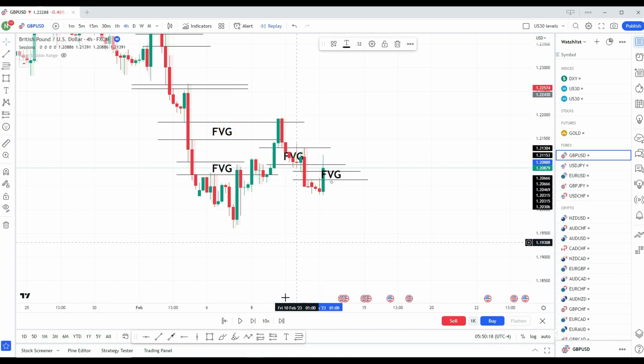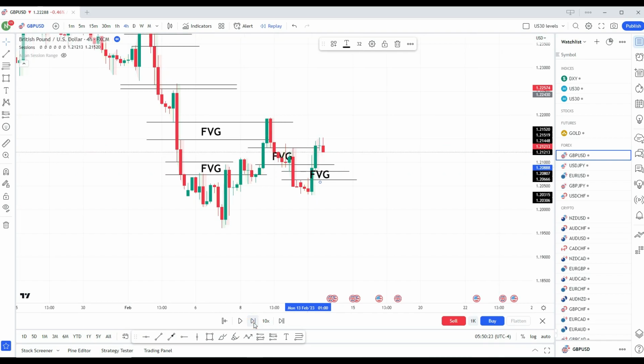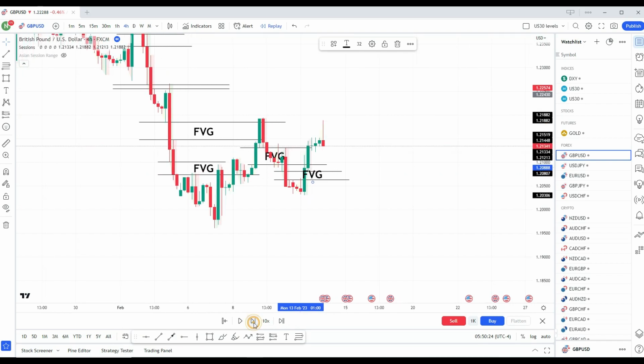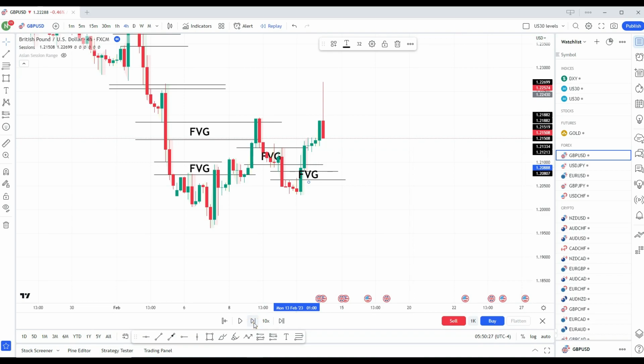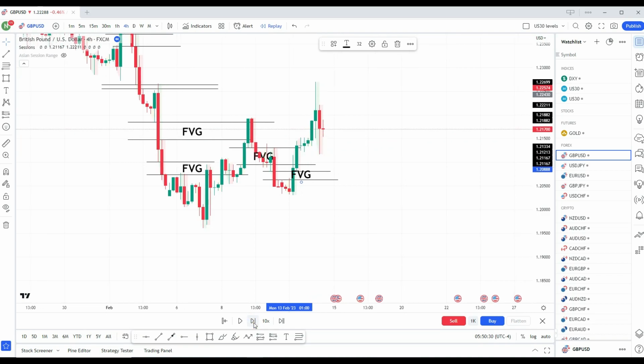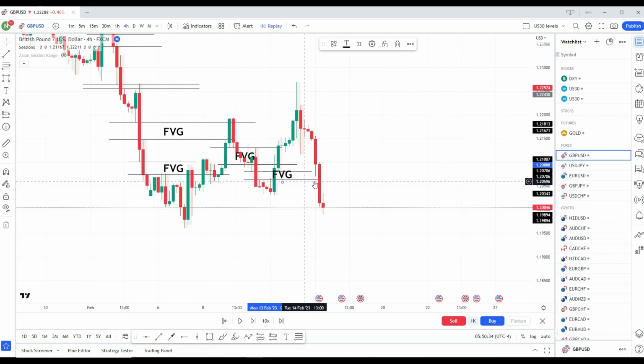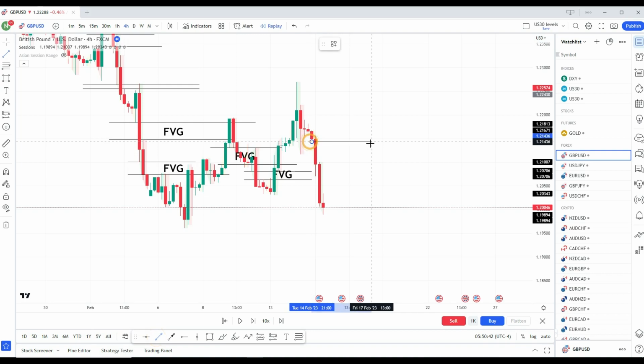This is interesting. You can continue on and on to test. Now there is a lot of imbalances here. Let's see if they will be filled as well. This is another one.